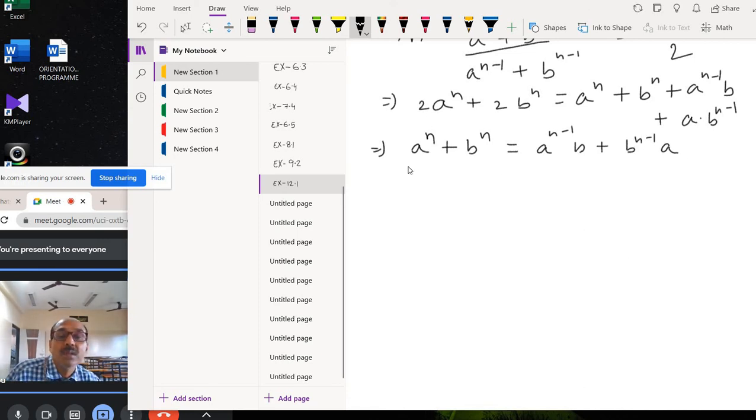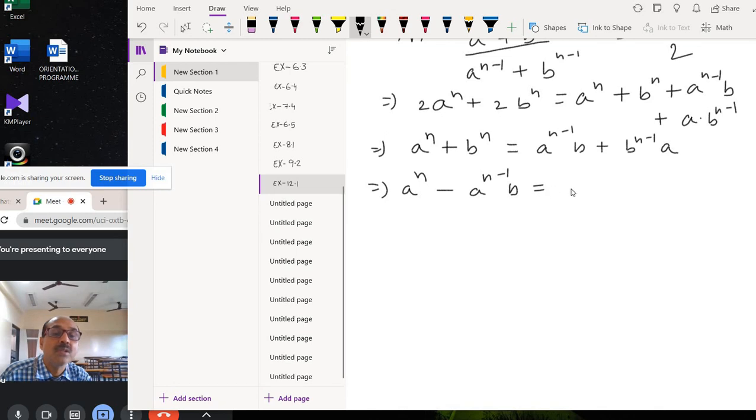Now arrange it: a to the power n minus a to the power n minus 1 into b equals b to the power n minus 1 into a minus b to the power n.